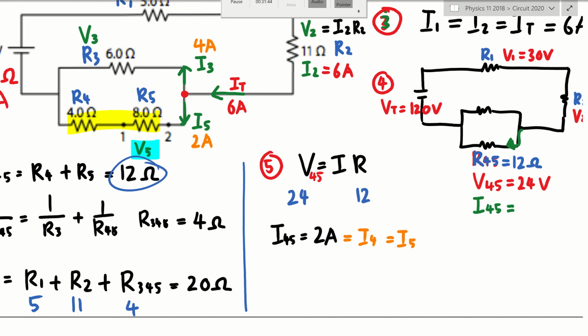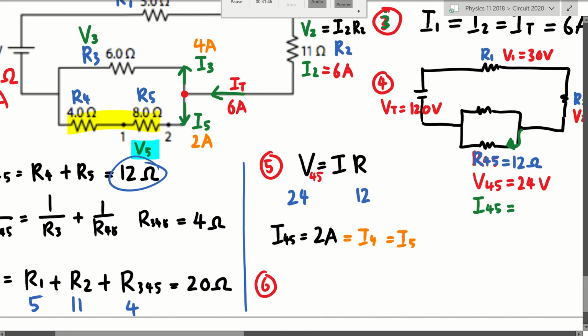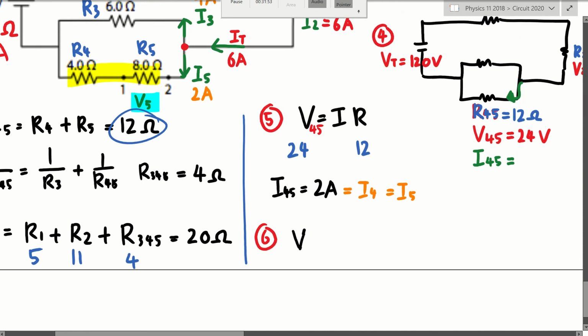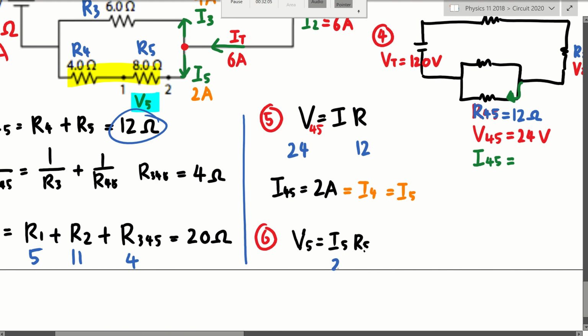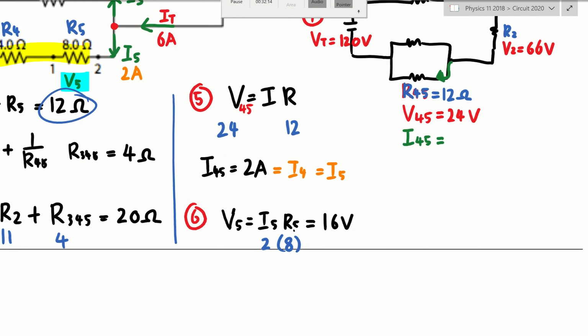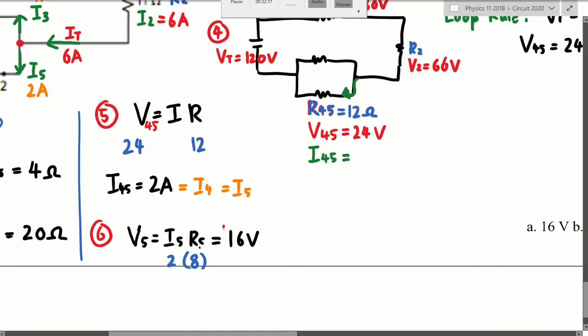So step number 6, which is the last step for part A. V5 is I5 times R5. I5 is 2 amp, R5 is 8 ohm. 2 times 8, 16. There we go, 16 volts.